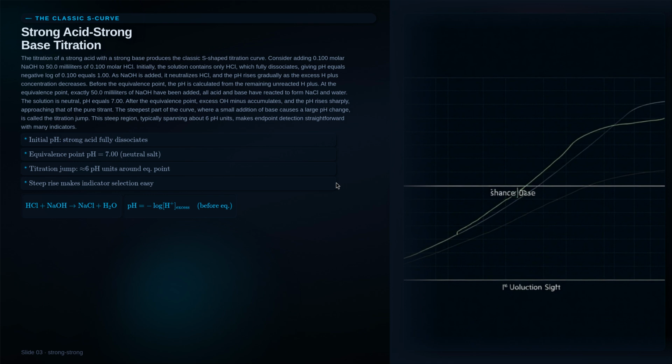As NaOH is added, the pH rises gradually. At the equivalence point, all acid and base have reacted to form NaCl and water, making the solution neutral with pH equals 7.00. After equivalence, excess OH- accumulates and the pH rises sharply.